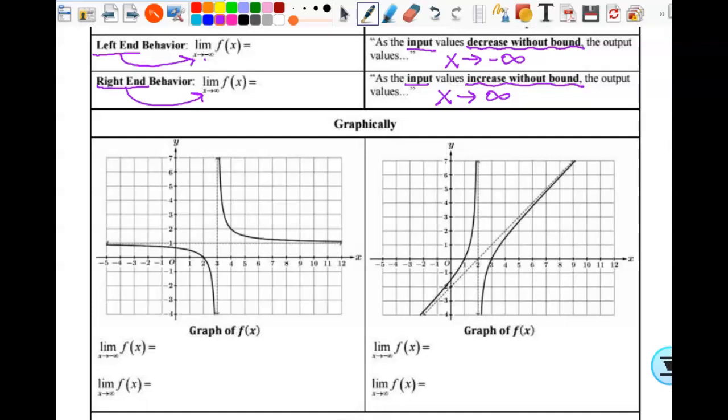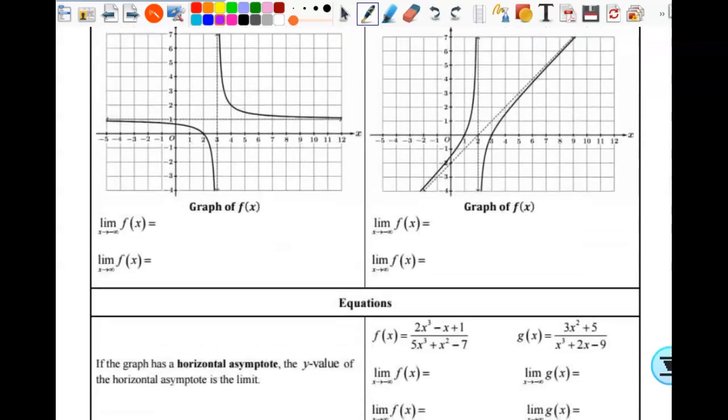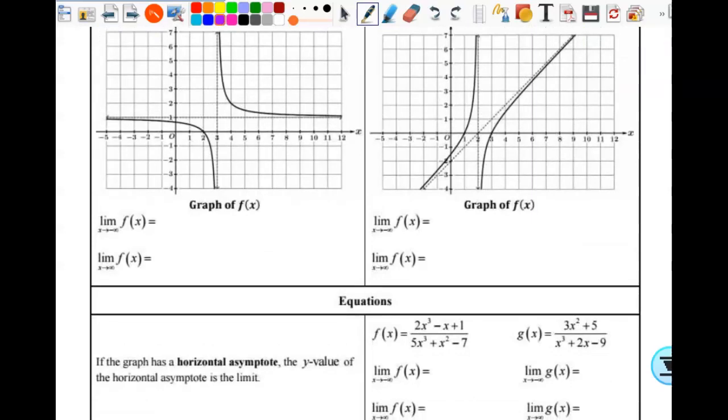So graphically, we have this first graph here, f of x. So we have the limit as x approaches negative infinity. So as x gets smaller and smaller and smaller, what is y approaching? 1. Okay? As x gets bigger and bigger and bigger, what is y approaching? 1. Okay?